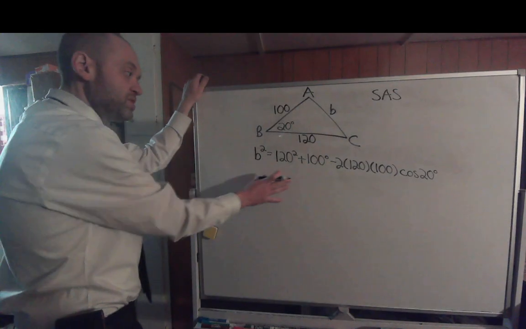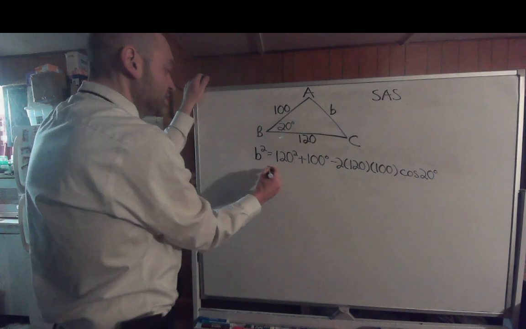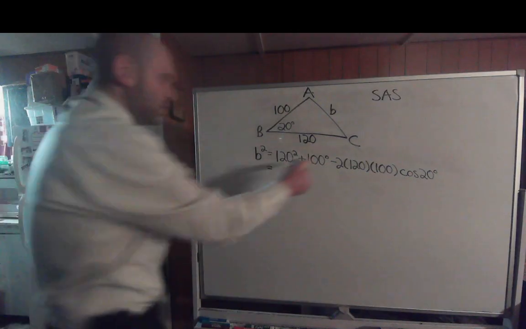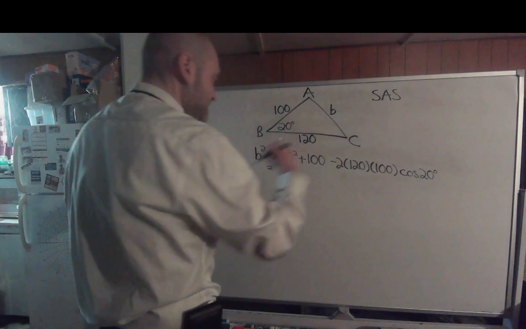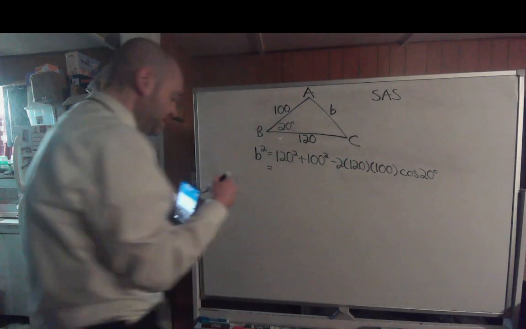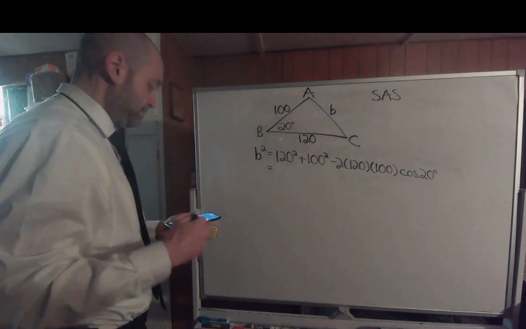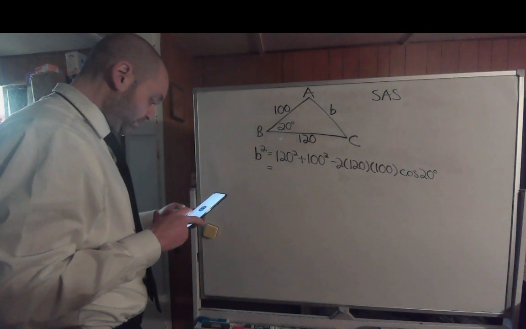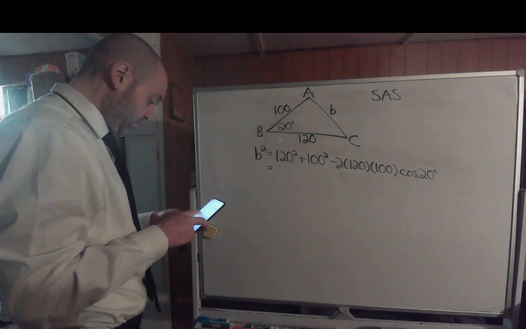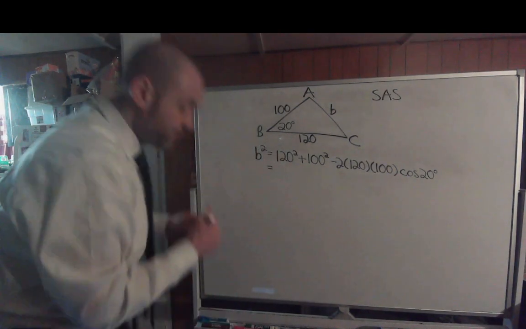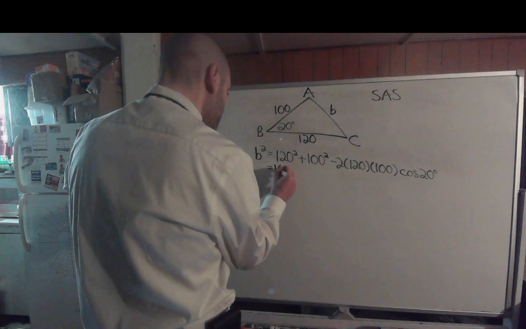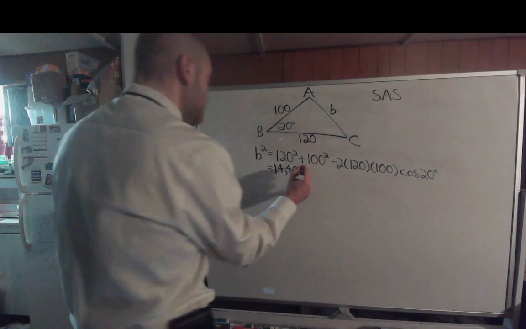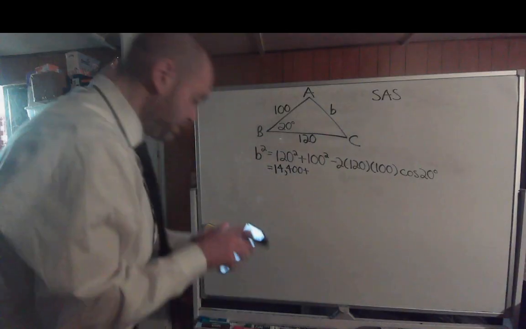So there's our full setup. Now let's simplify this a little bit further. Let's figure out what 120 squared is and 100 squared. Why do I have 100 to the 0? That doesn't make any sense. I think I meant to write degrees by accident. We're definitely not at degrees yet. What is 120 squared? 14,400, so that's going to be 14,400 plus, now we have to deal with the 100 squared.